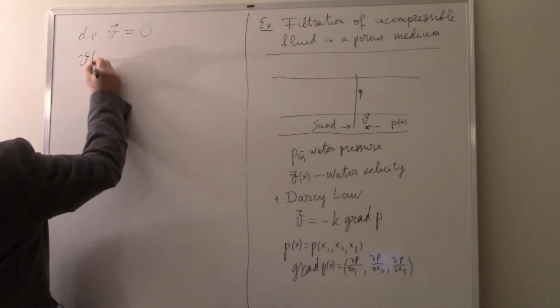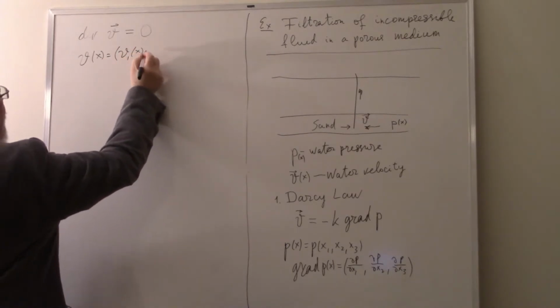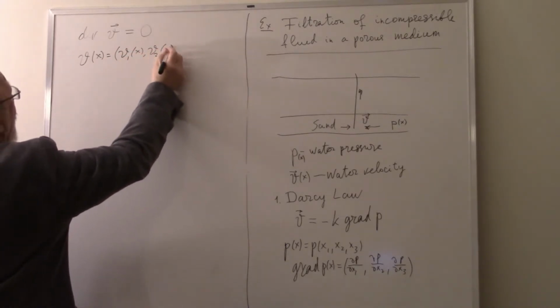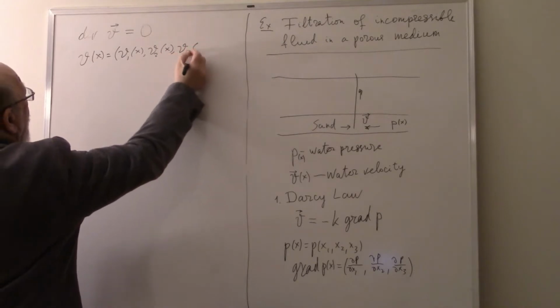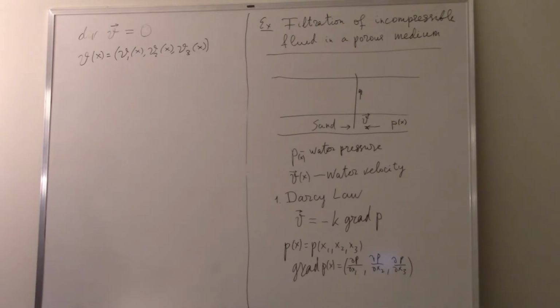So V of x equals, say, V1 of x, V2 of x, V3 of x. So these are the components of vector V at the point x.